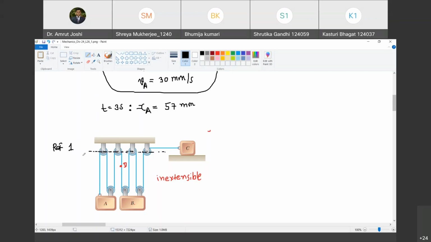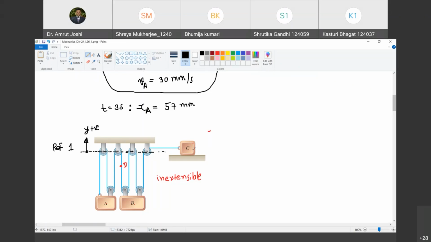And I also need to define the perpendicular distance from this line, when it is positive and when it is negative. So I define an axis perpendicular to this reference line and call that axis y, and I treat y as positive when it is upward and y as negative when it is below reference line 1. See? Yes, sir.